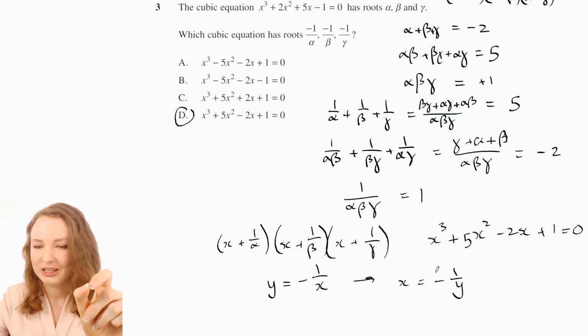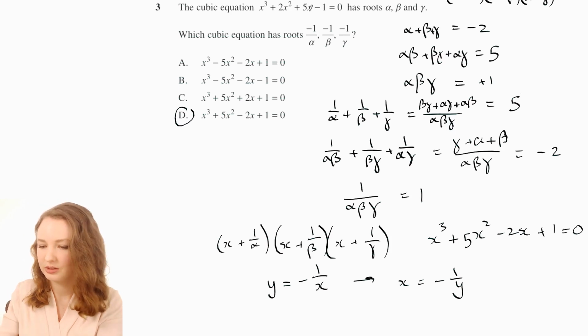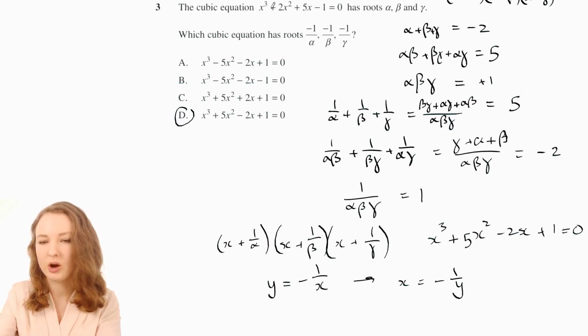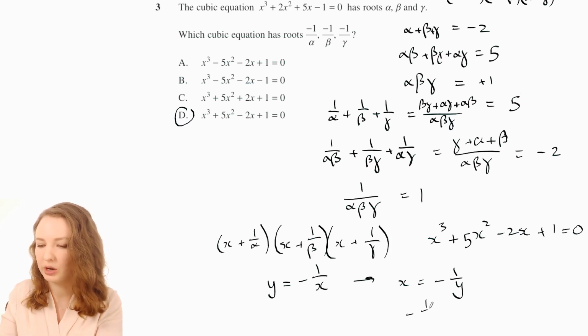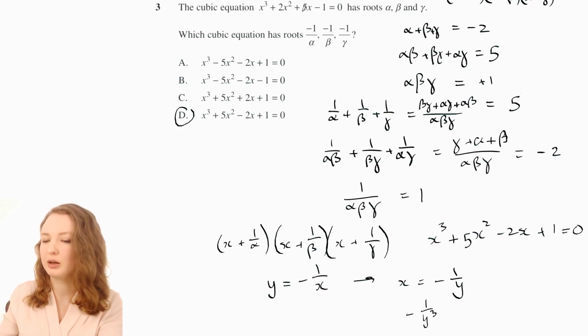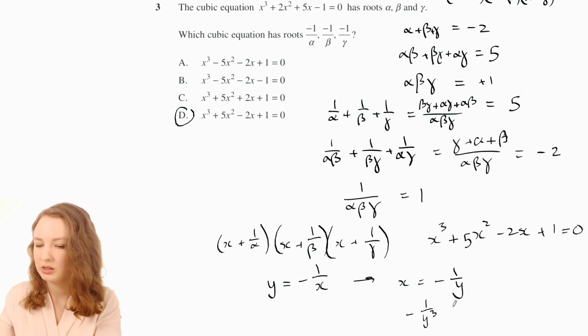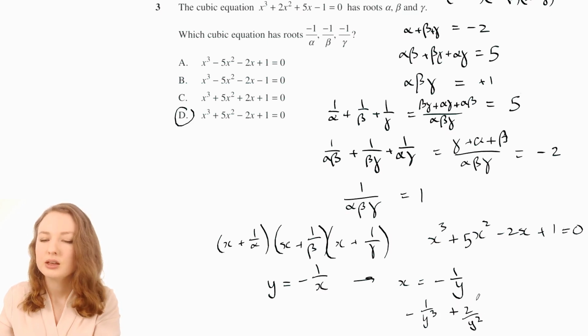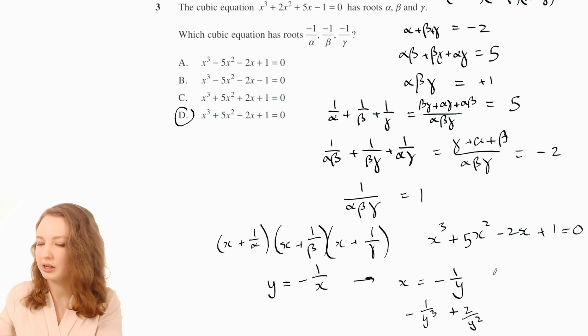So we need to plug that into here. So we get -1 on y cubed is -1 on y cubed. And then we've got +2 times -1 on y squared. So those negatives are going to cancel, and we get 2 on y squared. And then we've got 5 times -1 on y, so -5 on y, and -1 equals 0.